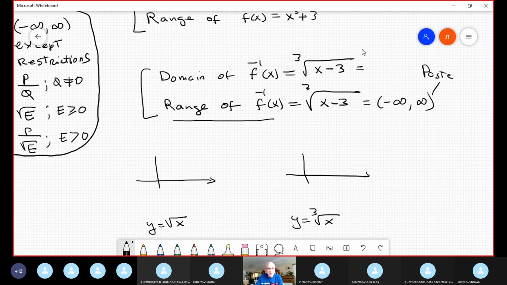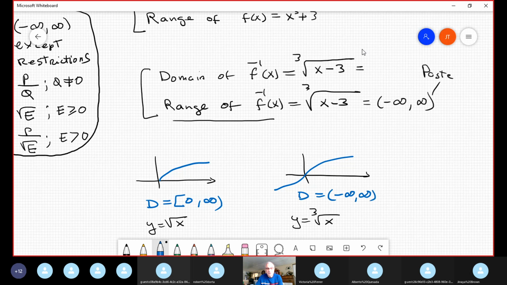A square root looks like that. We have no negative part. That is the reason that the domain of this is bracket 0, infinity. However, cubic root, no. Cubic root looks like that in both directions. Therefore, the domain is all real numbers.